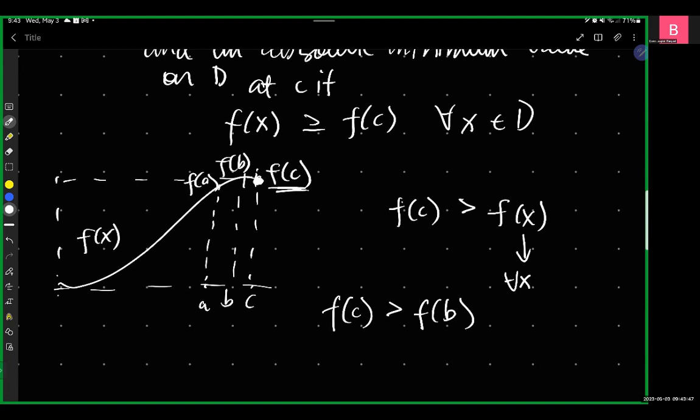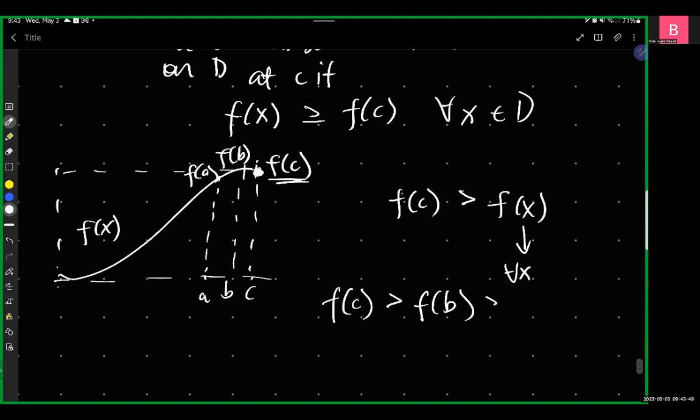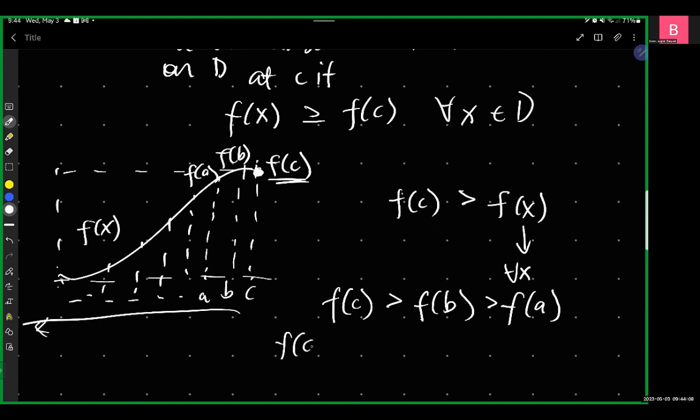As you can see, f of b is greater than f of a, and f of b is less than f of c. If we continue finding other points to the left of c, we find that f of c is greater than or equal to f of x, and thus f of c is an absolute maximum.